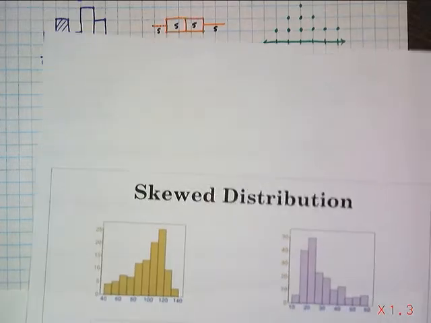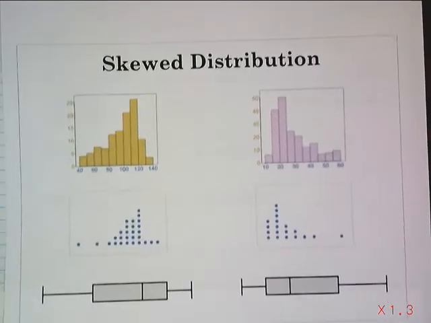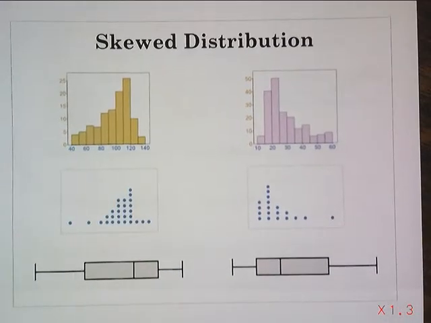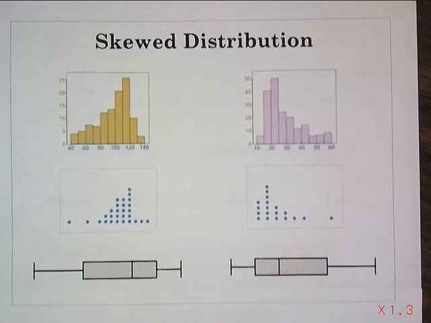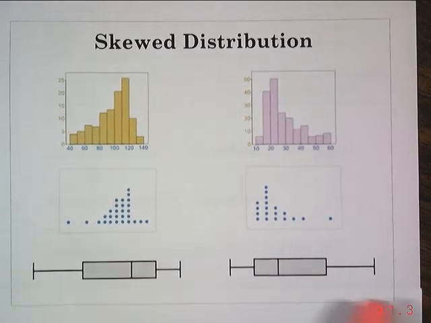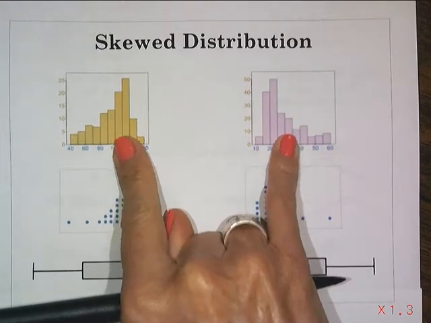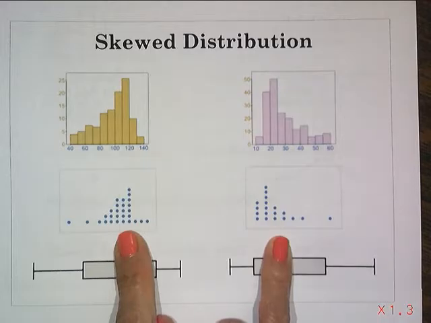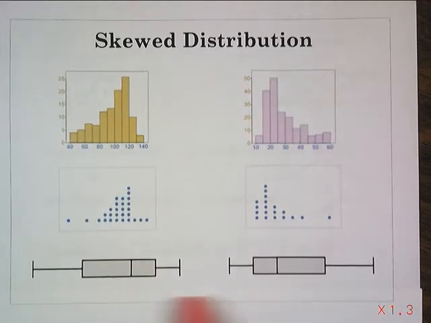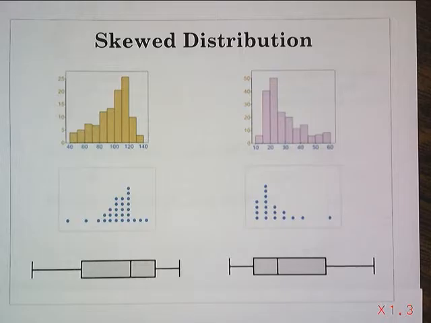Let me show you what I'm talking about. Let's look at these images. I've got each type displayed here. I've got histograms at the beginning, dot plots in the middle, and box plots in the end. And I want you to make sense of what I'm talking about with respect to the data trailing off one side or the other.